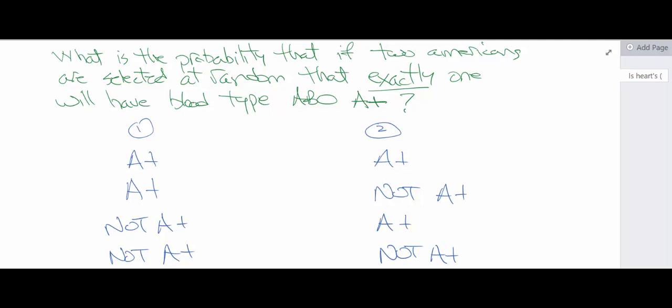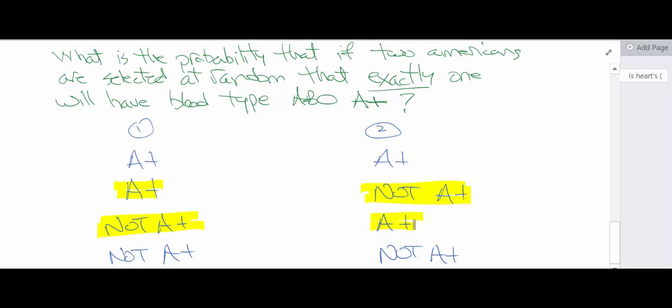American 1 could be A plus, and American 2 not A plus. American 1 could be not A plus, but American 2 could be A plus, or both Americans could be not A plus. But for there to be exactly one of them with blood type A plus, that's possible if the first American is A plus and the second is not A plus, or the first is not A plus but the second is A plus.